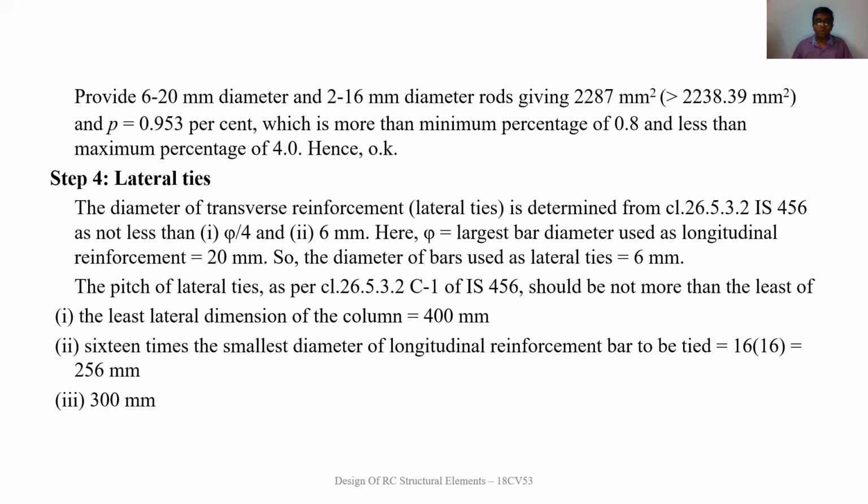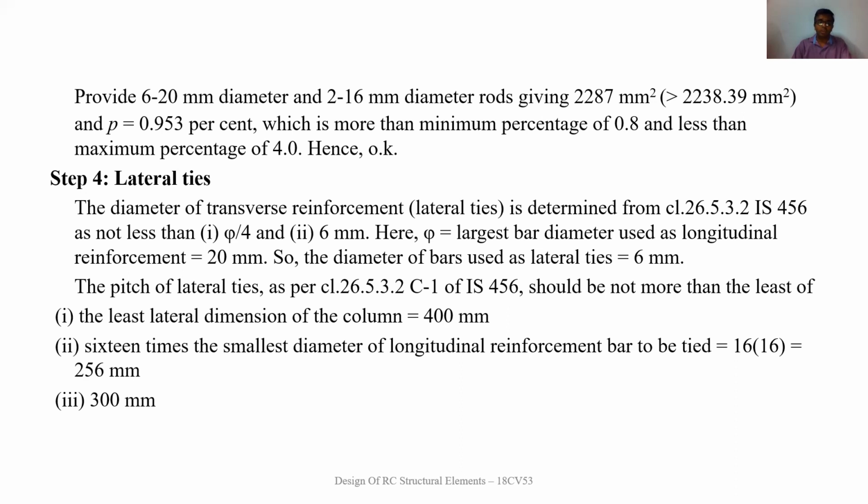In order to hold the provided reinforcement effectively, we need to calculate the lateral ties and what should be the spacing of the lateral ties. As per clause 26.5.3.2 of IS 456, the transverse reinforcement shall not be less than maximum dia divided by 4, or 6 mm.